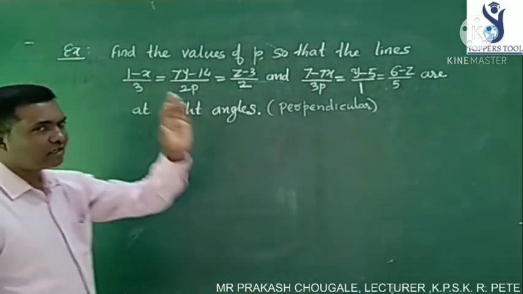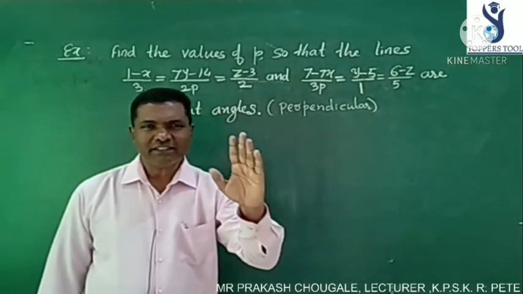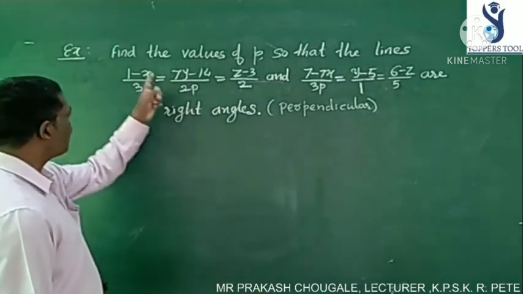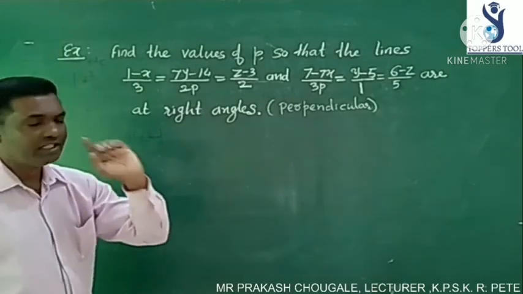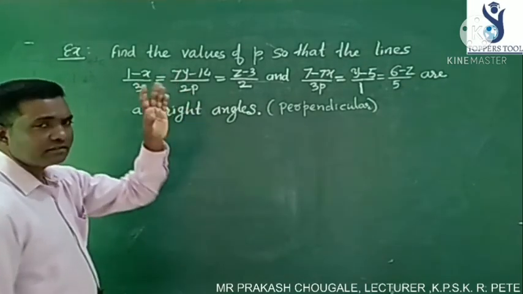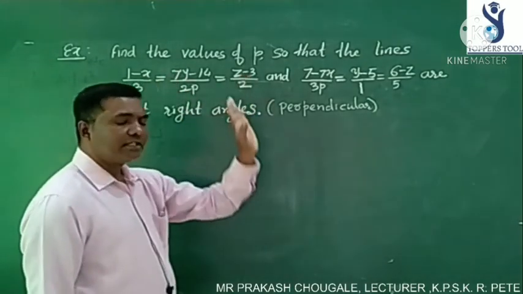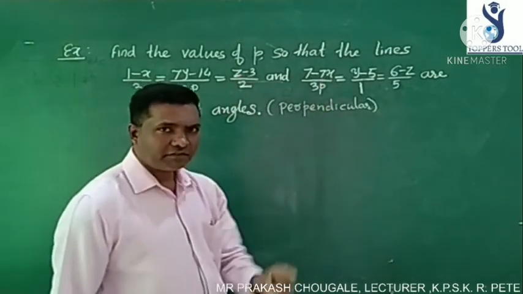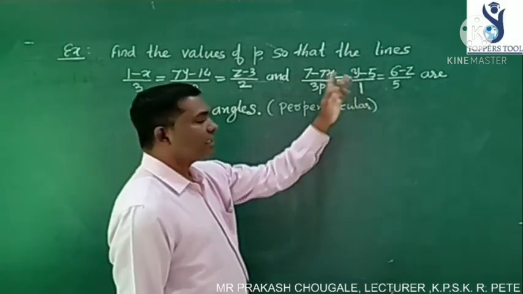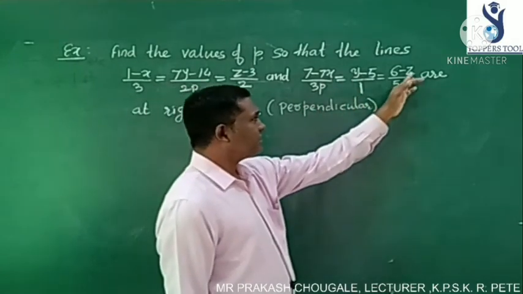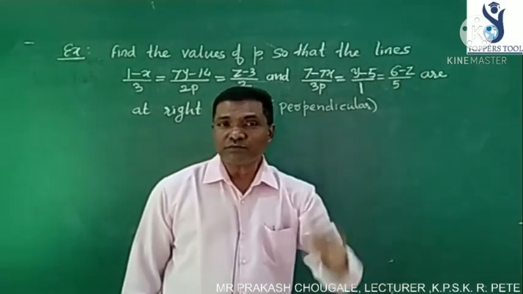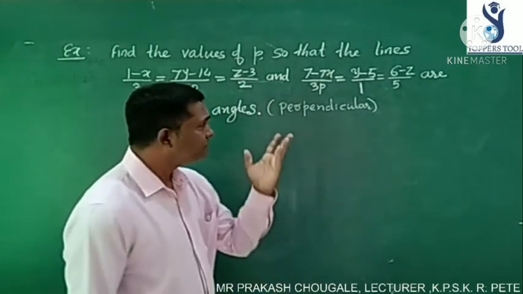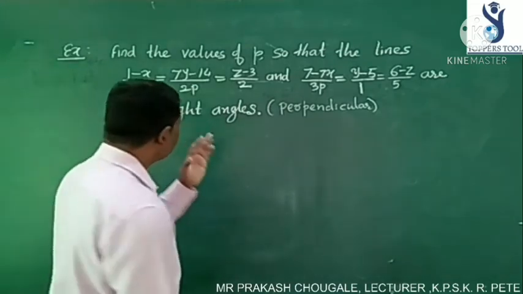Now see here, what are the coefficients of x, y, z? Are they 1? See here, the coefficient of x is minus 1, the coefficient of y is 7, the coefficient of z is 1. No problem with this. Look here, the coefficient of x is minus 7, here it is 5, and the coefficient of z is minus 1. So you need to do something with the direction ratios to find them.